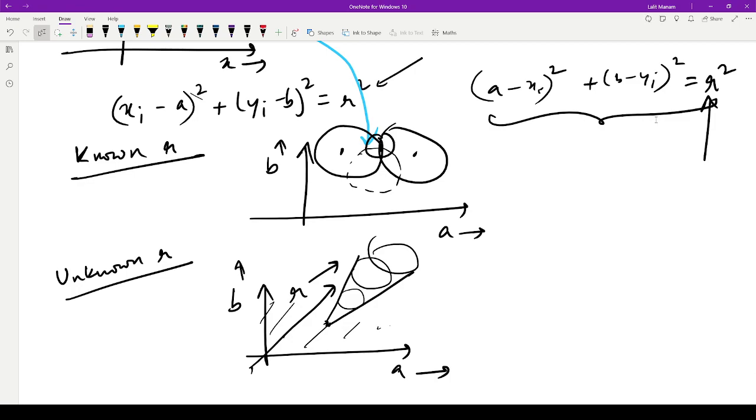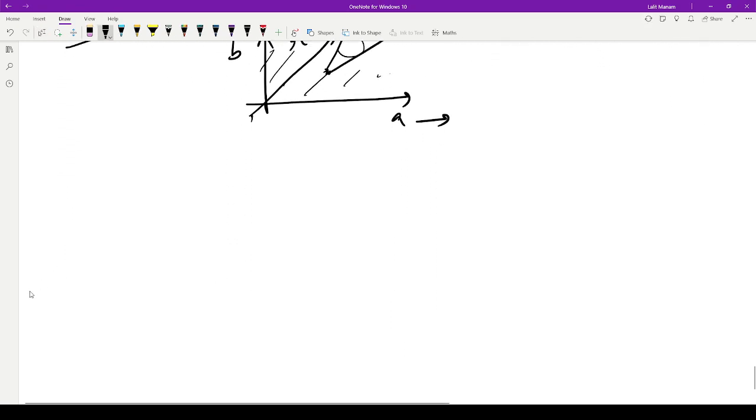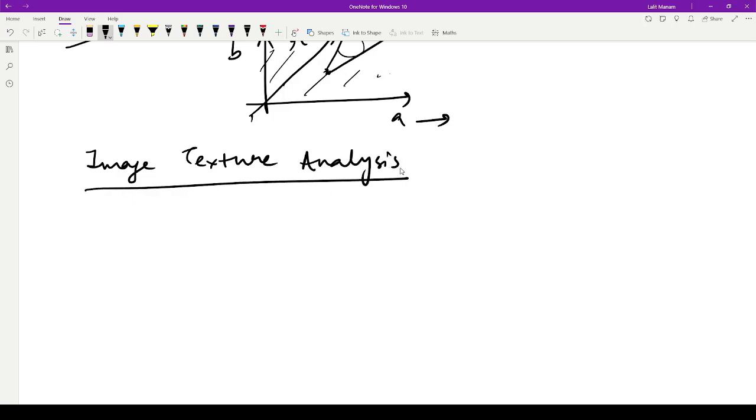After this, there was image texture analysis being done. So what is texture? Anyone? The information about features, edges, and boundaries. Not exactly.